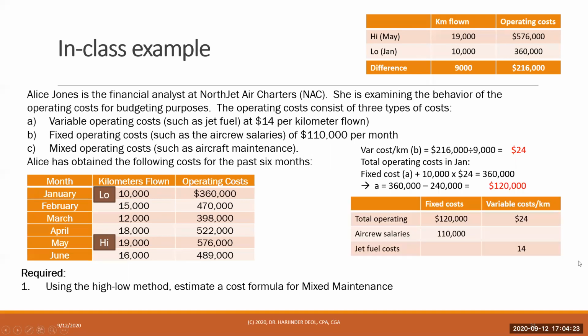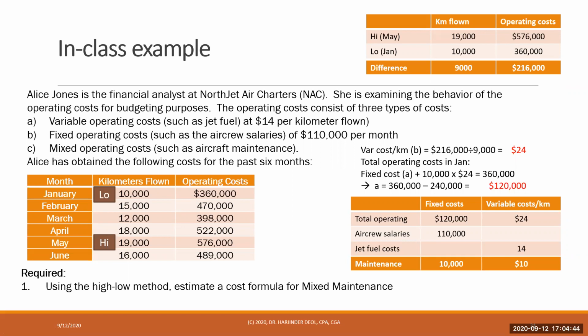We need to take out from the fixed costs number the fixed portion of the aircrew salaries. And similarly, from the variable cost per kilometer, we need to deduct the jet fuel costs per kilometer. That then gives us the portions for maintenance.